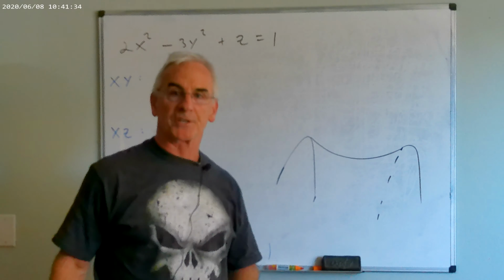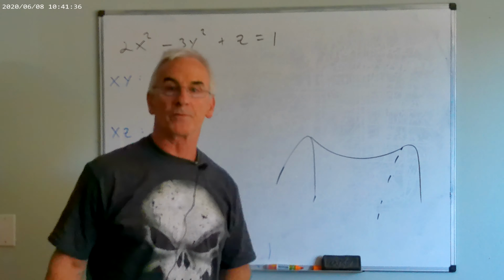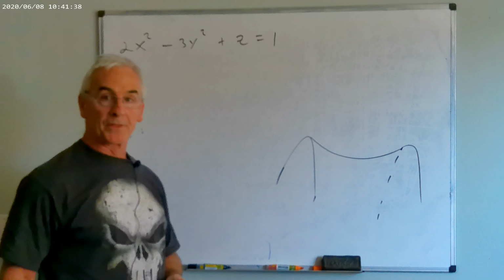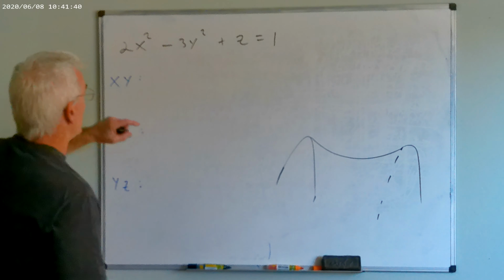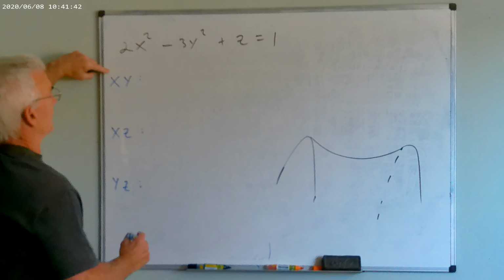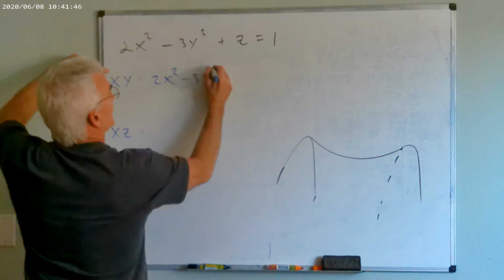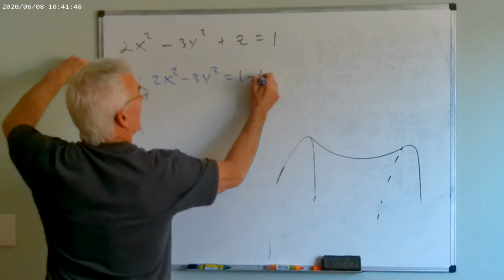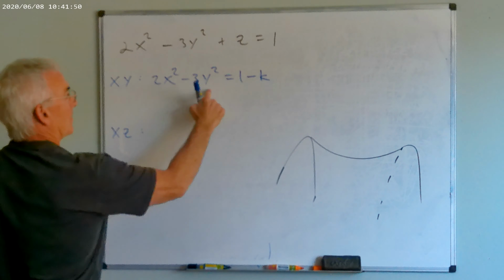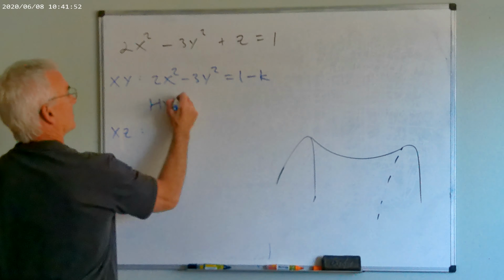Probably the most interesting and yet confounding of all of the shapes that we're going to deal with that involve conics is the next one. So we begin simply enough in the xy plane once again. 2x squared minus 3y squared equals 1 minus k. That clearly is a hyperbola.